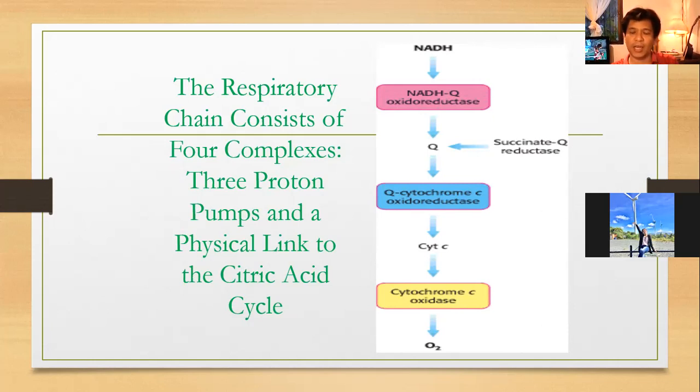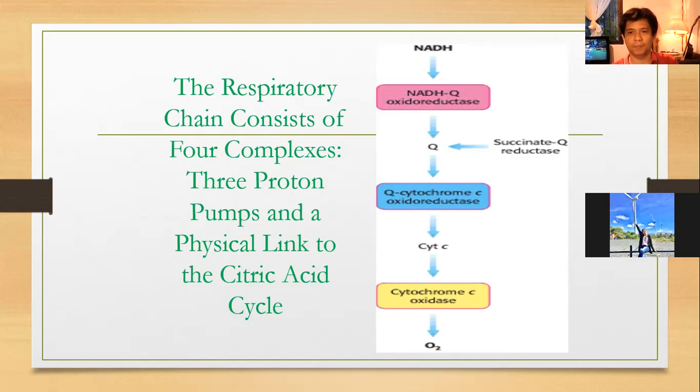So NADH will lose electron, so that's why oxido. NADH is oxidized. Tapos yung electron ng NADH pinapasa niya sa ubiquinone, sa Q. So that's why Q is reduced. So that's why the name of complex number 1 is NADH-Q oxidoreductase.